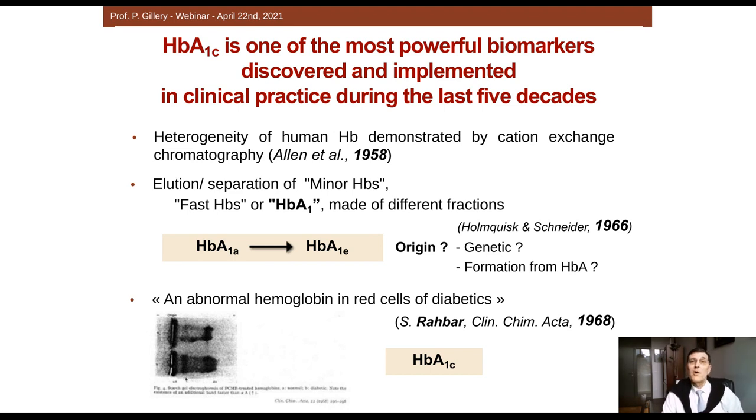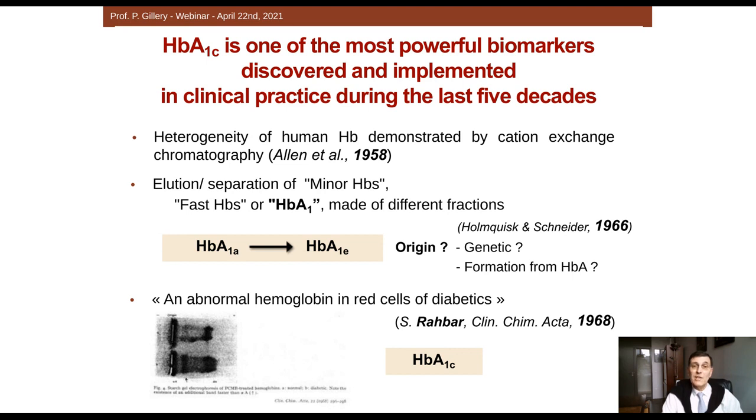HbA1c is one of the most powerful biomarkers discovered and implemented in clinical practice during the last 5 decades. The heterogeneity of human hemoglobin was demonstrated during the late 50s, which allowed to separate minor hemoglobins called fast hemoglobins due to their behavior, or HbA1, made of different fractions, HbA1a to HbA1e.